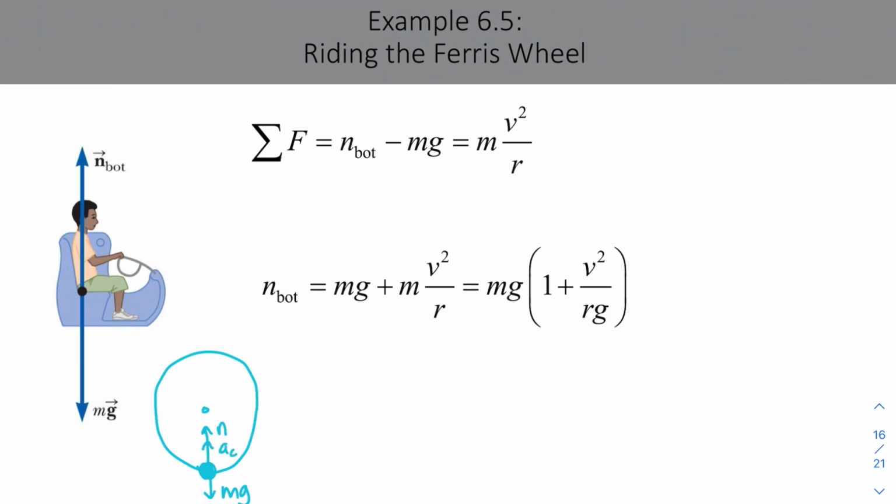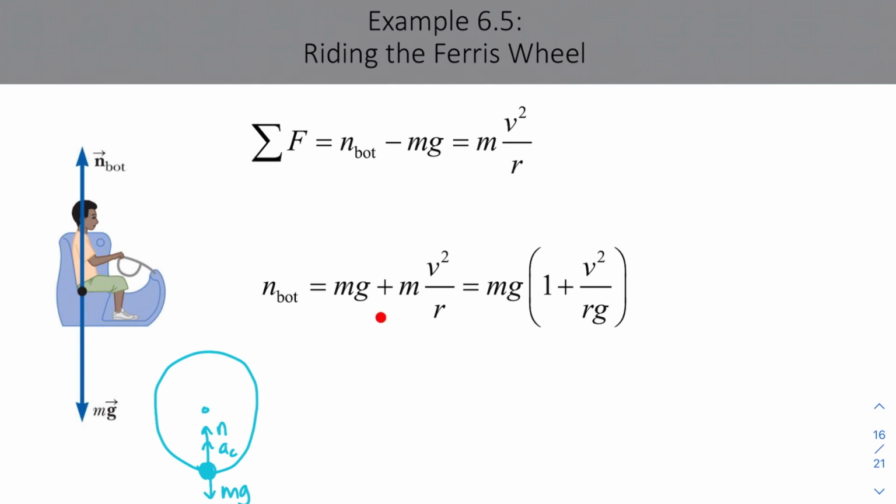So we have the summation of Fy equivalent to m a_c, and what Fy do we have? Normal minus mg equivalent to m a_c. So this is a_c. From this, the normal at the bottom is equivalent to mv squared over r plus mg.